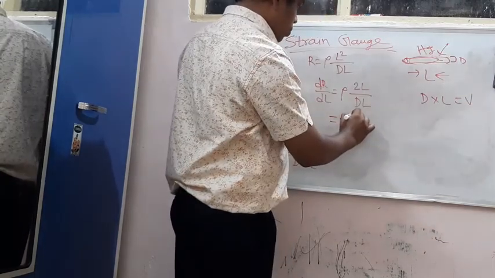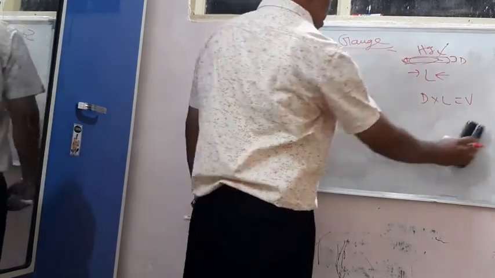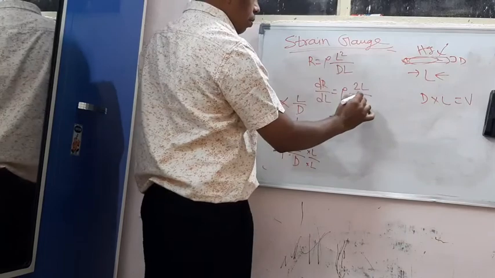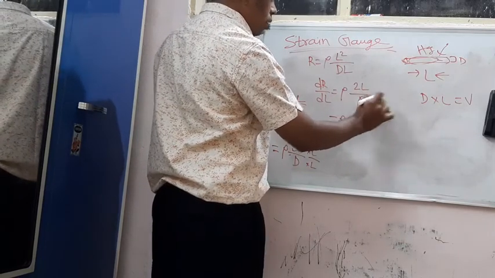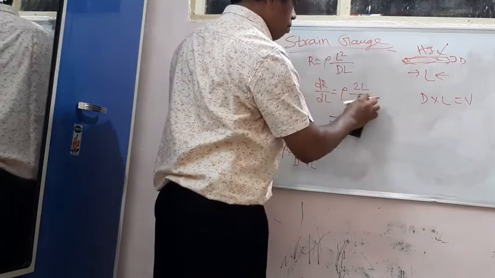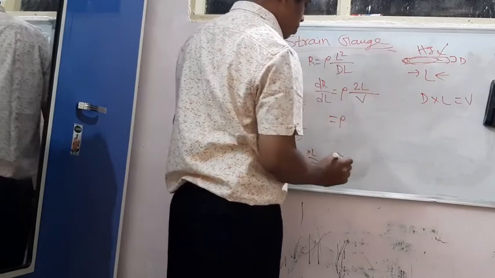So I am going to replace, instead of dL I am going to write it as, not rho, it is volume, divided by volume.